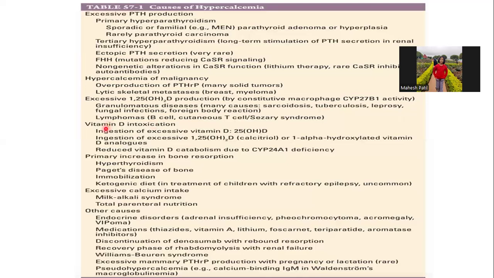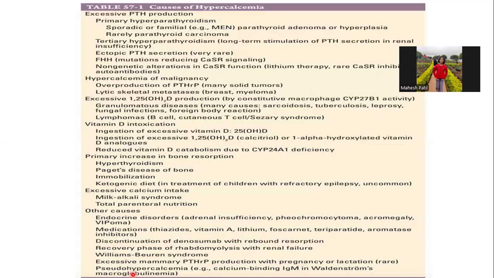lymphomas, and vitamin D intoxication. Primary increase in bone resorption occurs in hyperthyroidism and Paget's disease. Other causes include ketogenic diet, excessive calcium intake, milk alkali syndrome, total parenteral nutrition, endocrine disorders like adrenal insufficiency and pheochromocytoma, and medications like thiazide diuretics, lithium, and vitamin A. There is also excessive mammary parathyroid hormone-related peptide production with pregnancy.